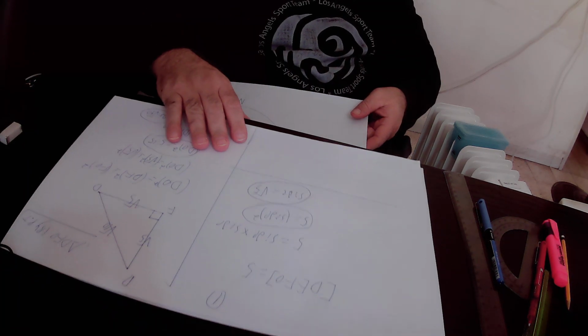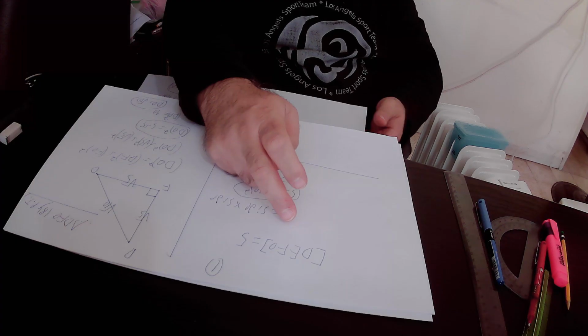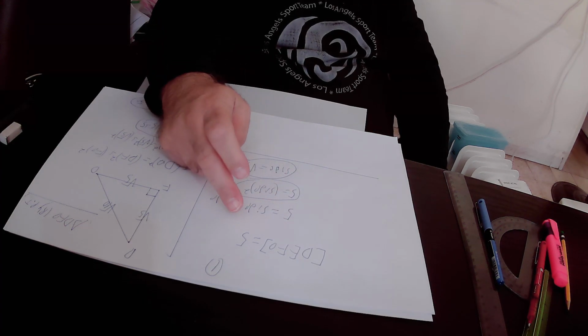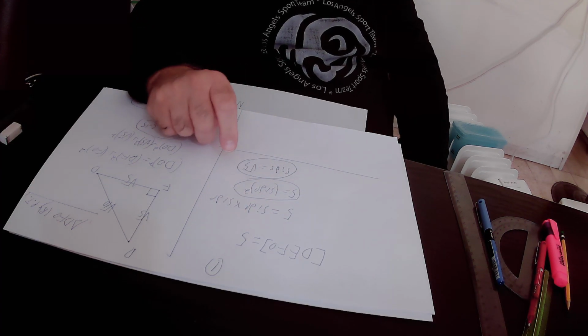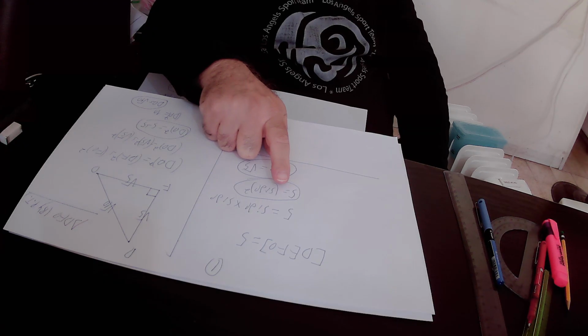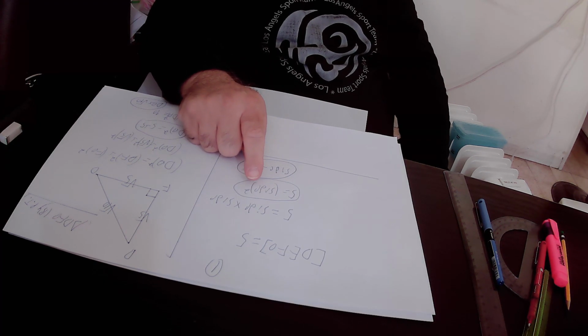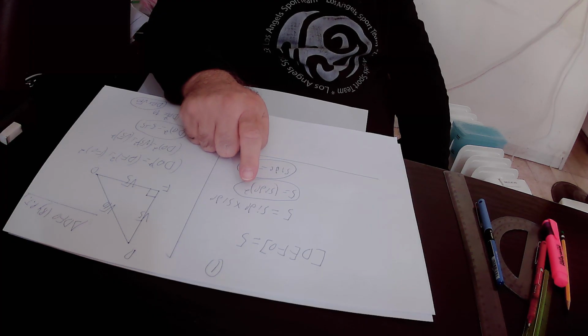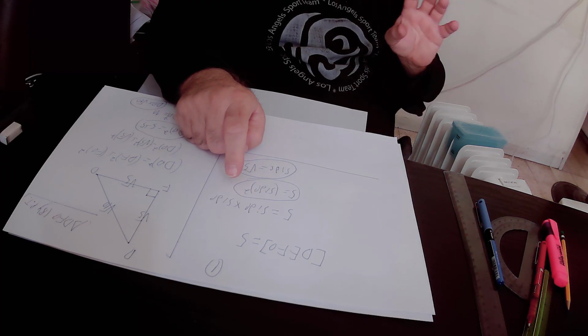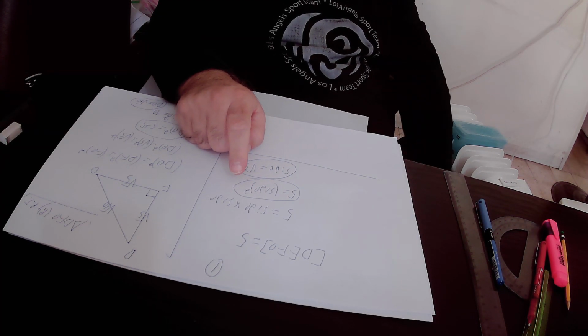Okay, we know that the area of square DEFO equals 5 square units, and the area of any square, and especially square DEFO, equals one side times itself. Why? Because all the sides of the square are equal to each other.